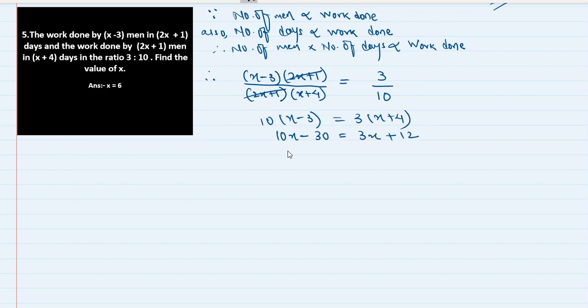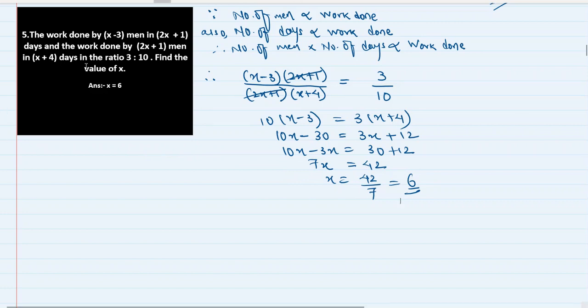So 10x minus 3x is equal to 30 plus 12. 10x minus 3x is 7x, 30 plus 12 is 42. So x is equal to 42 by 7, which is 6. So the value of x is 6. Did you understand the method with which I solved? Please note down this question.